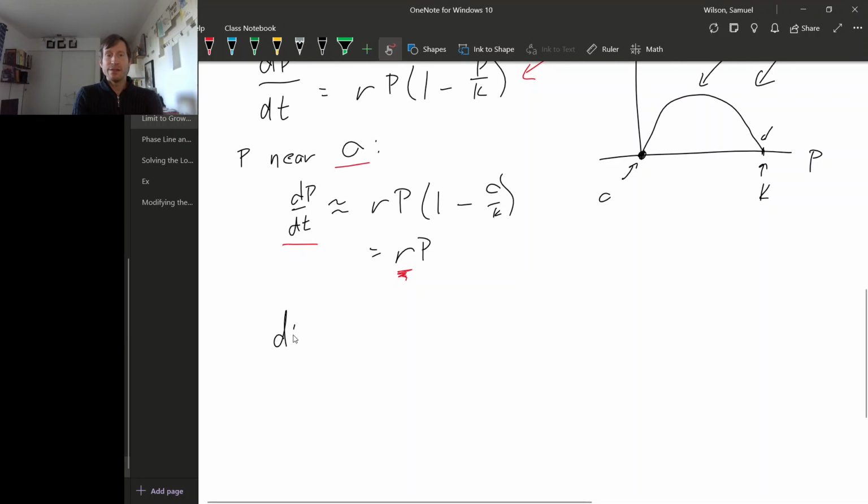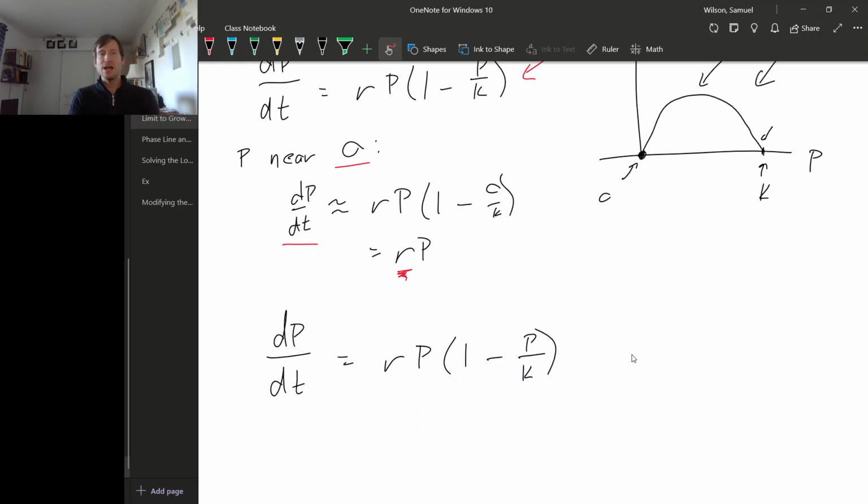So this differential equation, dp dt equals r times p times 1 minus p over k, where k is the carrying capacity, is a very common way to describe the growth of a population that's somehow limited by its environment, and k is that carrying capacity, the limit in the environment.